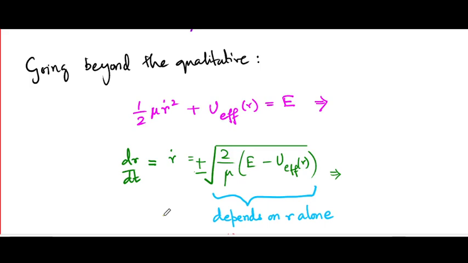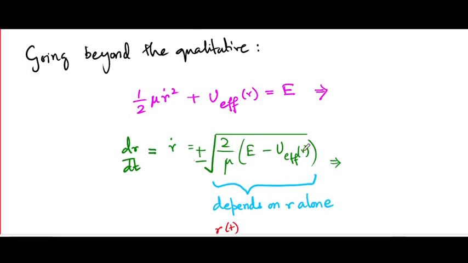All you have to do is to bring all the variables of the same type to the same side, that is, separate the variables out. Here is triviality itself. All you have to do is write this as dt equals dr divided by this quantity on the right here, which is a function of r alone.